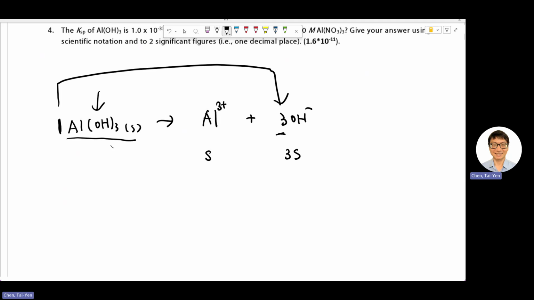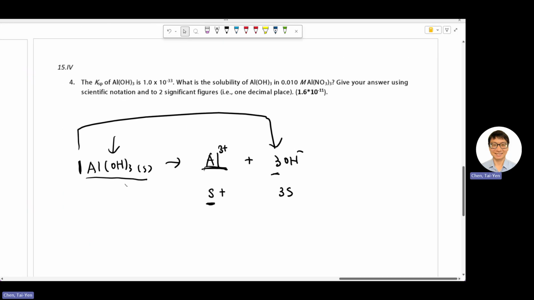And since right now all of these things are within the same container, the concentration of this guy will be the solubility of your insoluble salt plus the contribution from that guy, the concentration of your Al(NO3)3, 0.01. That means for your Al3+, the concentration will be that much instead of just S.